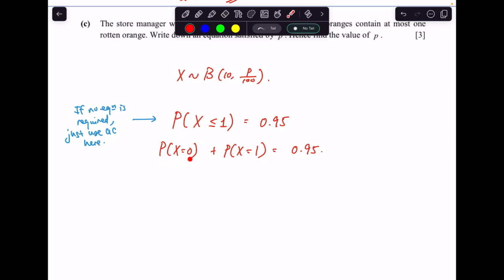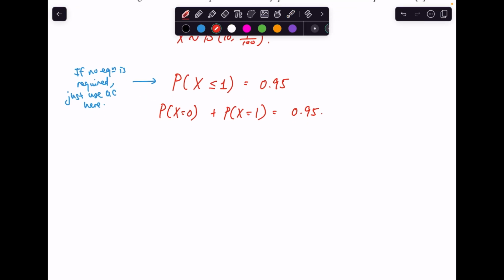We want to write this probability in terms of numbers, right? When this is a binomial distribution, the probability that X equals some number, recall from MF26, let's say X is binomially distributed with n and p.